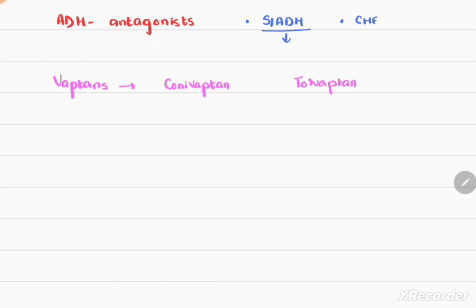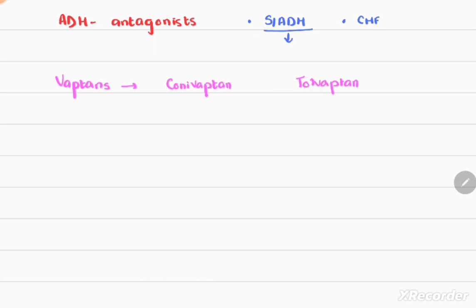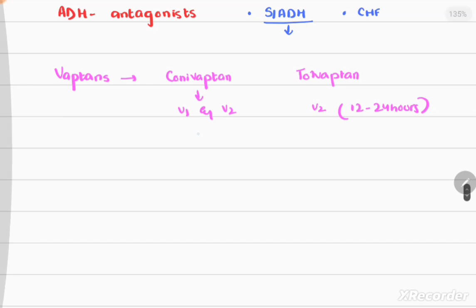Both these drugs are used as an ADH antagonist. Conivaptan acts on V1 and V2. Tolvaptan is selective for only V2 receptors, so it is more selective towards the receptors in the kidney. It has a half-life of 12 to 24 hours. And Conivaptan has a half-life of 5 to 10 hours.